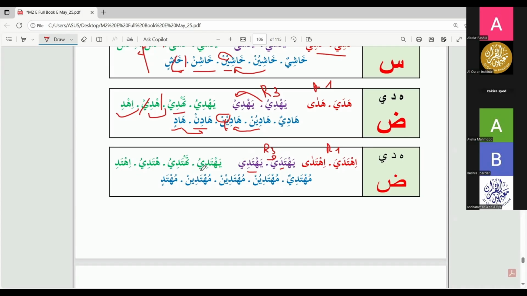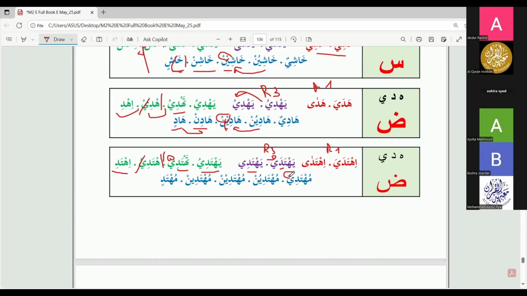Then we have amr formation here. Yahtadiyu, tahtadiyu, tahtadi. Dhamma changed to sukun. Hamzatul wasl is added and something should be dropped. Ya is dropped and this is ihtadi, the final version. And the last one, so mufta'ilun. For form 8 it is muhtadiyun.